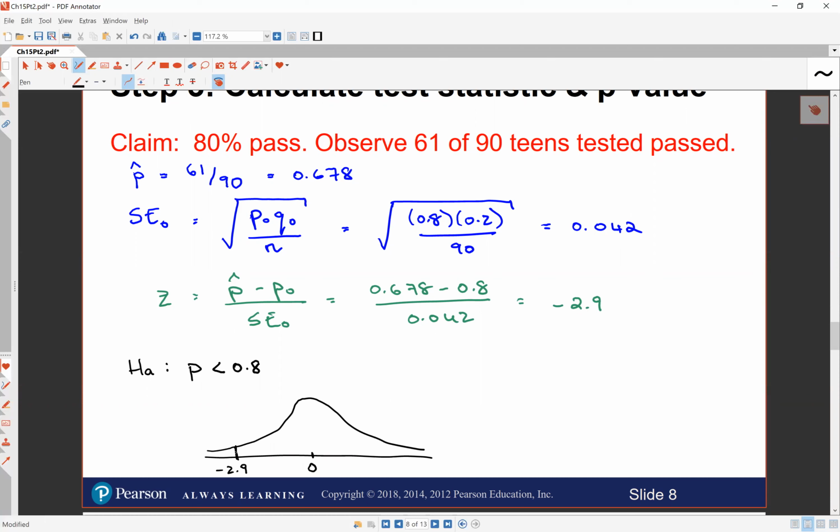That's our reference value. And because the alternative says P is less than that value, the less than tells us that we want to know what the normal value is for the bell curve to the left of negative 2.9. Remember, this is what you can look up directly in your Z table.